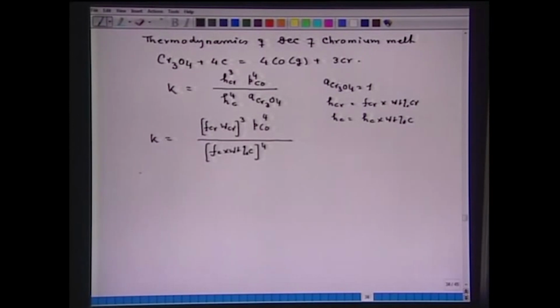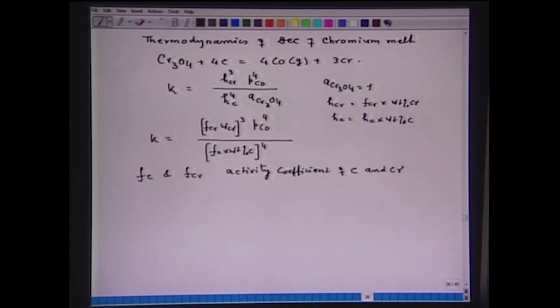Now, f_C and f_Cr are the activity coefficients of carbon and chromium in the melt.